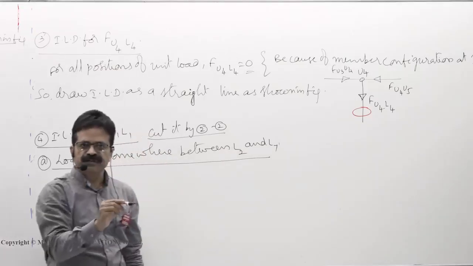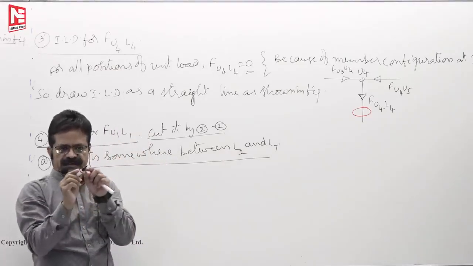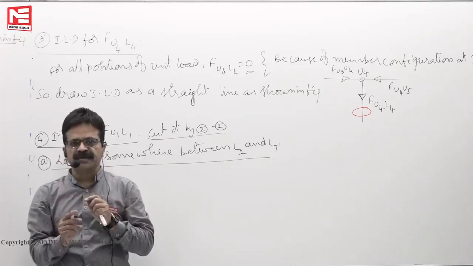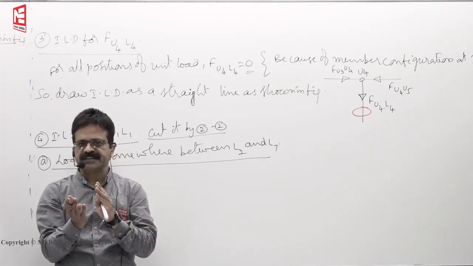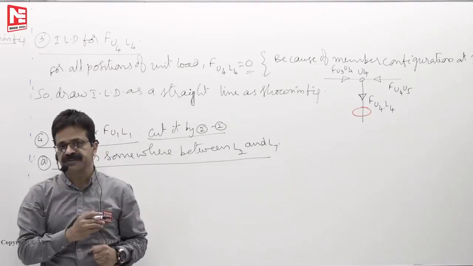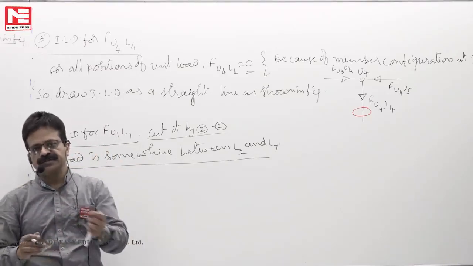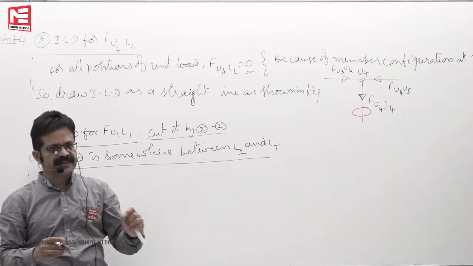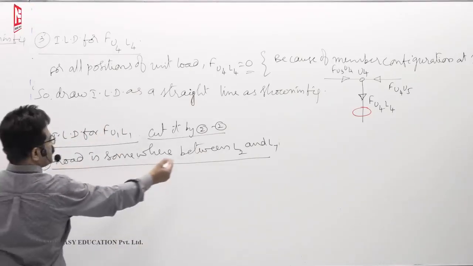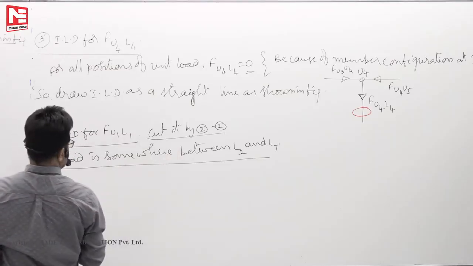Between L1 and L2, if the load is there, part of the load is at L1, remaining part is at L2. Whatever side of the section 2, 2 you take, part of the load you have to deal with. But we don't want to deal with that headache. So unit load we don't want to deal with, so that our expressions will be simple. So load is somewhere between L2 and L7.